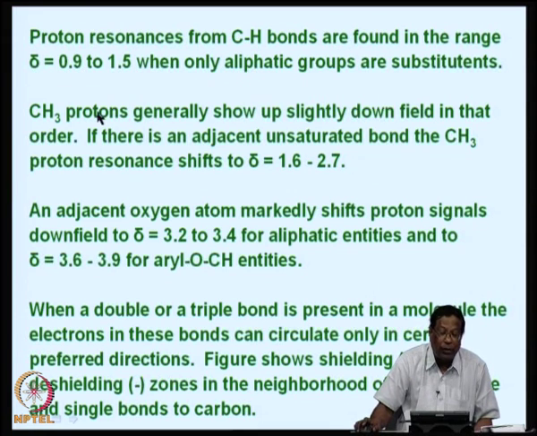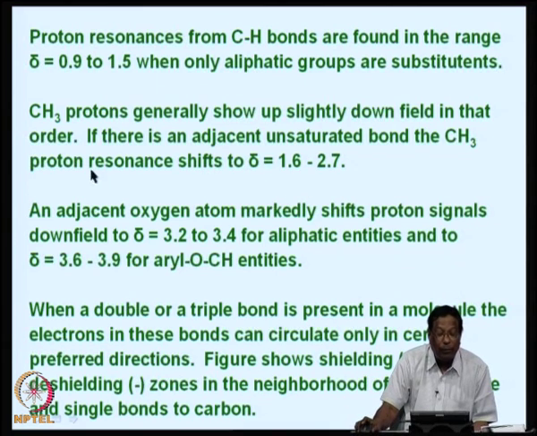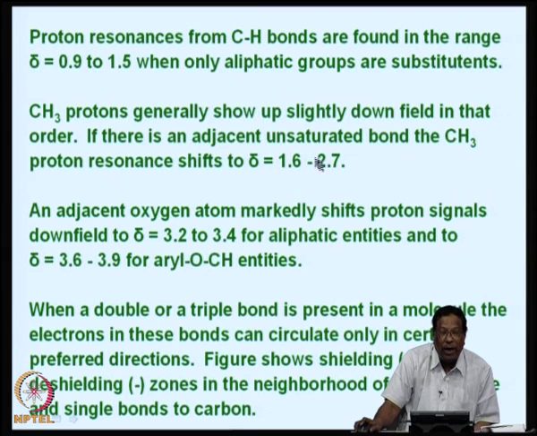Methyl protons generally show up slightly downfield in that order. If there is an adjacent unsaturated bond, the proton shifts will be observed slightly higher than this 1.5, but in the range of 1.6 to 2.7.